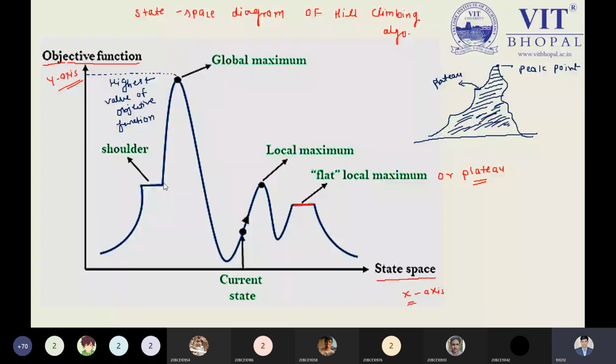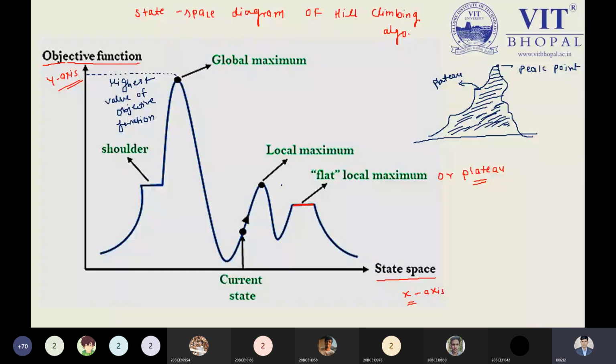Ridge. So what is a ridge? A ridge is a region which is higher than its neighbors, but it has a slope, and this is a special kind of local maximum. If we talk about the ridge, just look at this point.